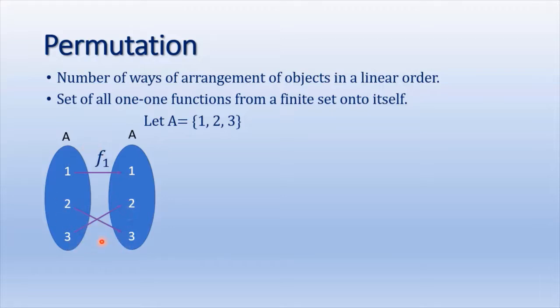This is a function which is one to one. That is, each element has only one image and each of these elements has a pre-image. So this function is one way of mapping the elements of A onto itself.